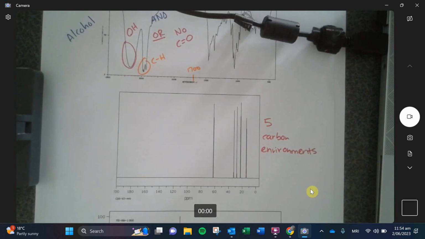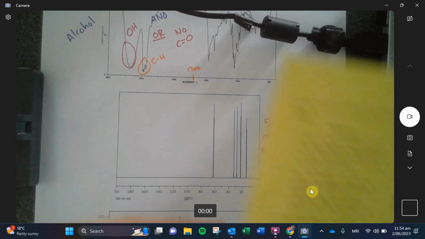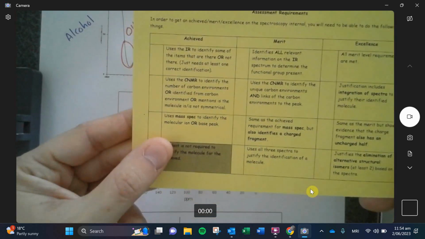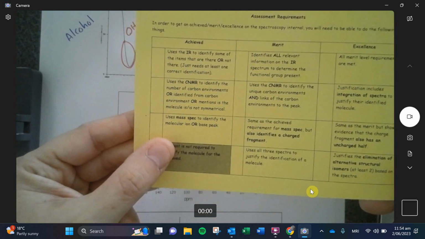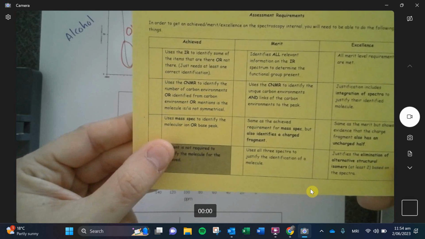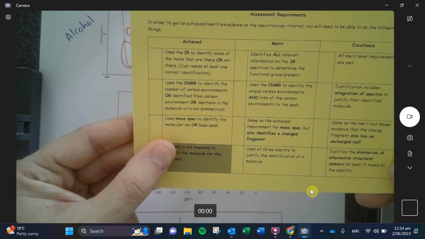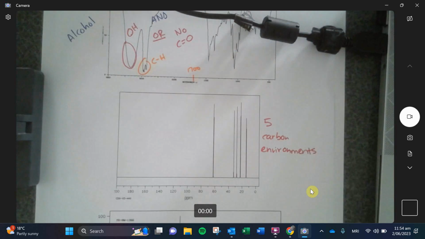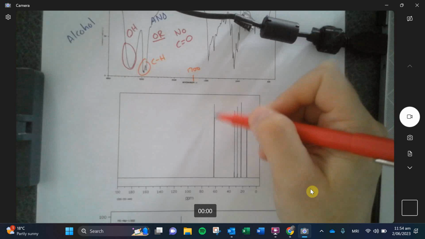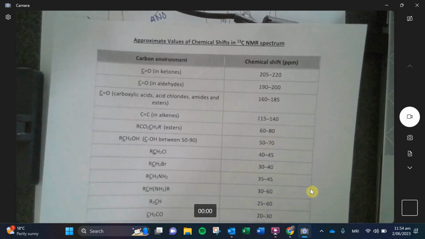All right. There are 2 other ways that I can give an achieved for the CMMR, but it's probably unlikely you will use either of those 2. The first is that you have identified a carbon environment. That means that you've used the resource sheet, which I now need to grab. Say, for example, you looked at it and you're like, ooh, I have a peak that's all the way over here around 60.